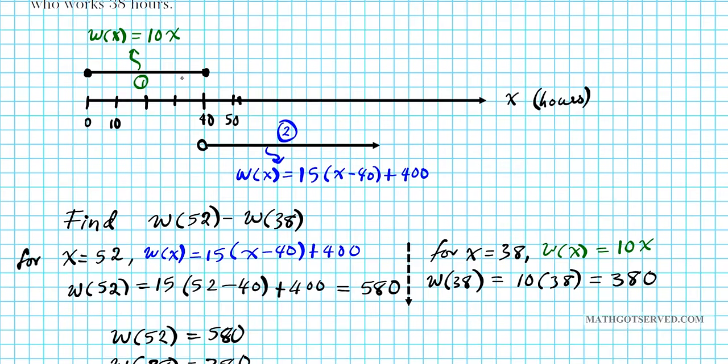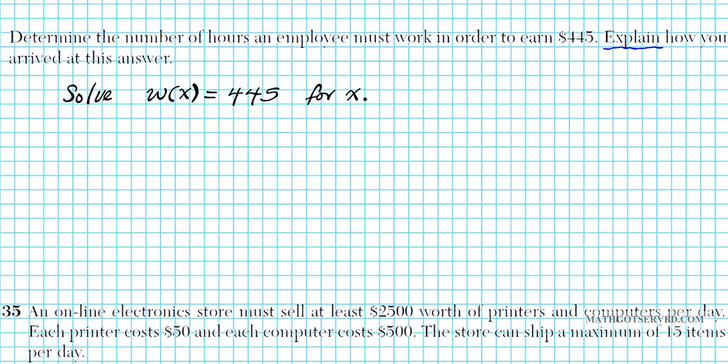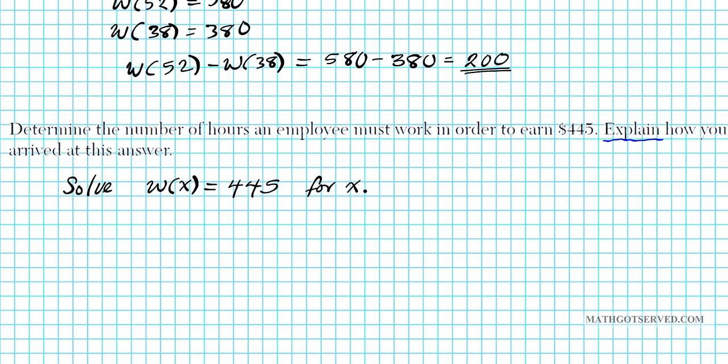Well, in order to determine which one to use, we can take a look at the first interval and ask ourselves, what is the highest earning that this function can generate? Okay, so let's go ahead and write that down. Maximum earnings for function 1 is what?